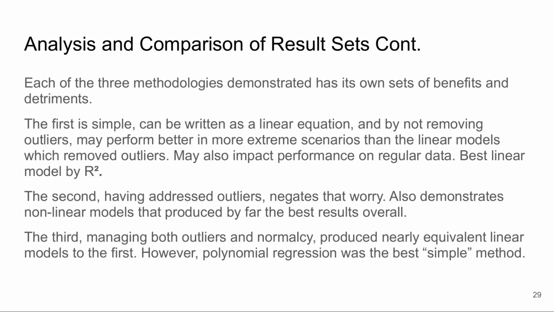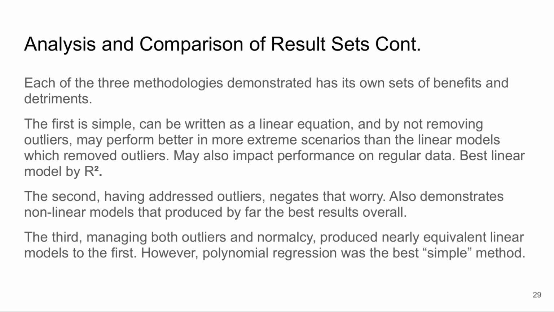Here we present some of the comparative results that we got from each of the methodologies. Each methodology has shown to have its own set of benefits and disadvantages as well. The first methodology that has been employed is fairly simple, and it can be written as a linear regression.